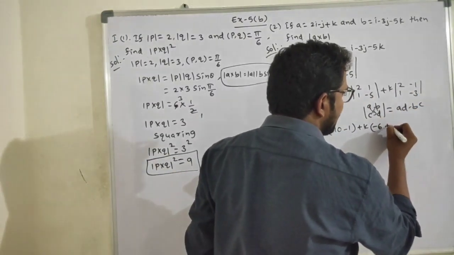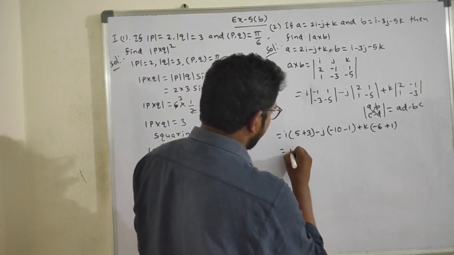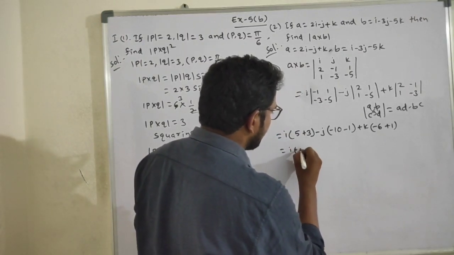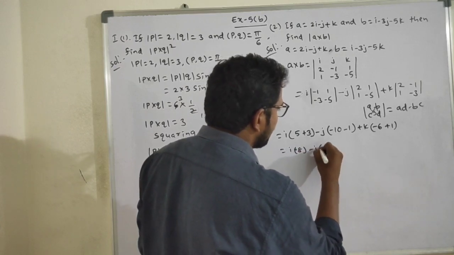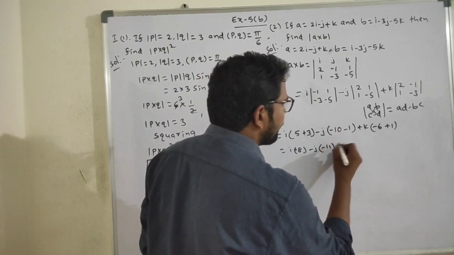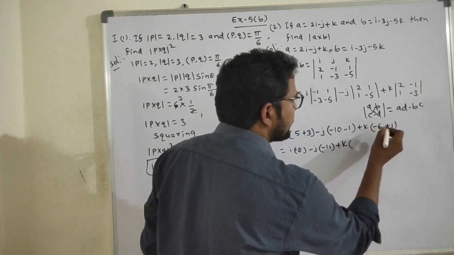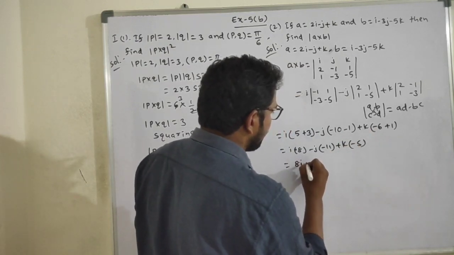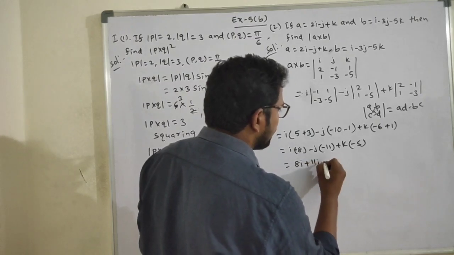Already there is a minus in the formula, so it becomes plus. 1 is equal to i into 5 plus 3, 8. 8i minus j times (-10 minus 1), minus 11, plus k times (-6 plus 1), minus 5, is equal to 8i plus 11j minus 5k.